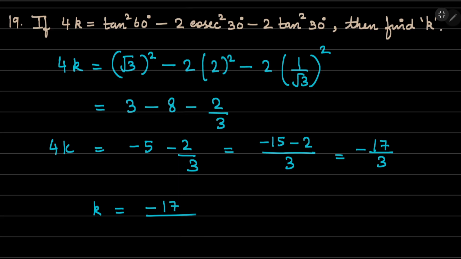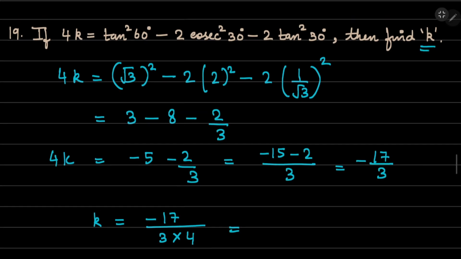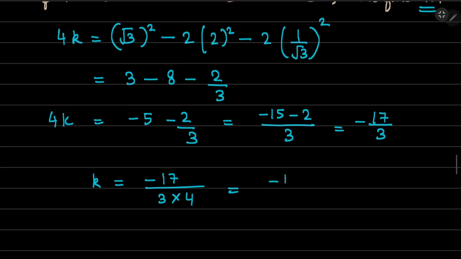Minus 17 divided by 3 multiplied by 4. The 4 comes to the denominator. Is there any way we can cancel it? We cannot. So k is equal to minus 17 divided by 12, since 4 3s are 12. That's your answer. You cannot reduce it further.